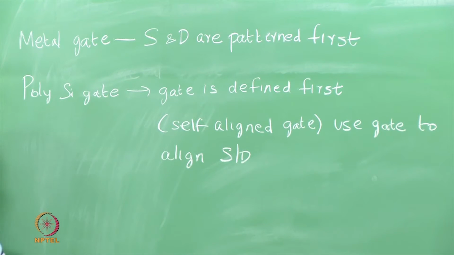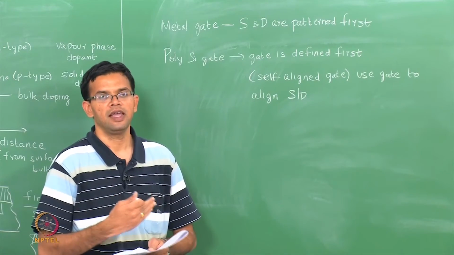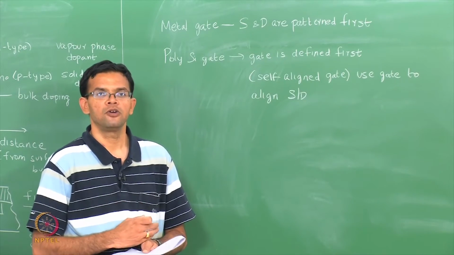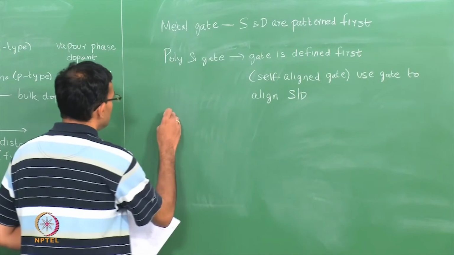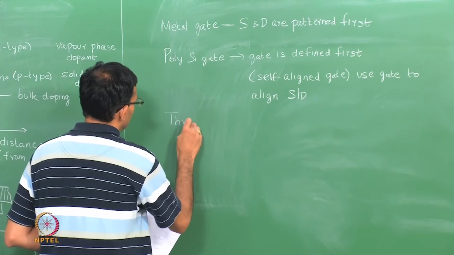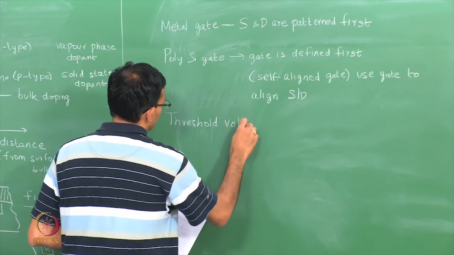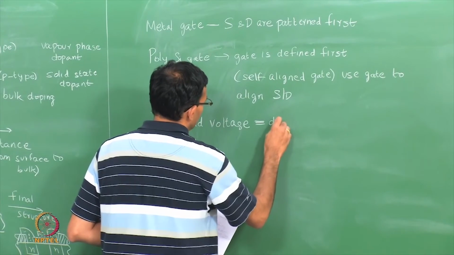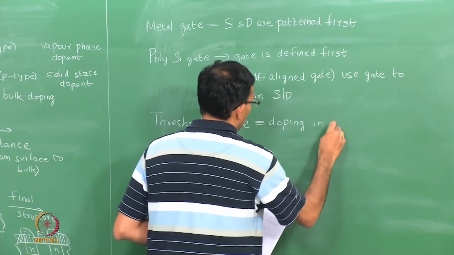Another advantage of using polysilicon is the threshold voltage. The voltage for creating the N channel can be controlled by basically controlling the dopant concentration in the polysilicon. Voltage is controlled by the doping in polysilicon.